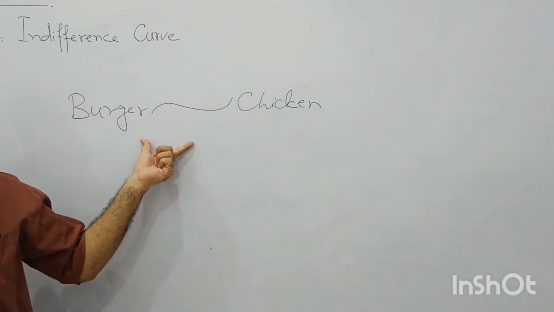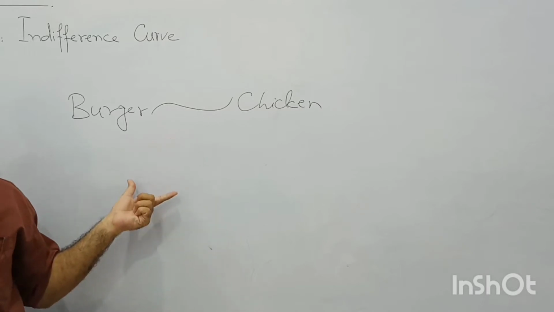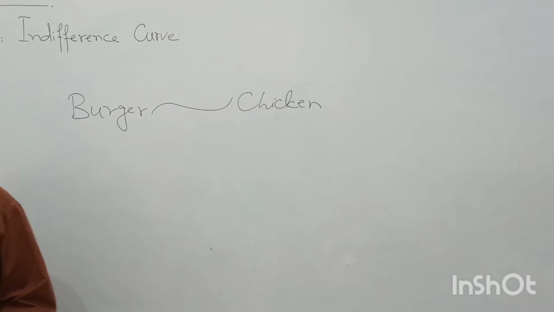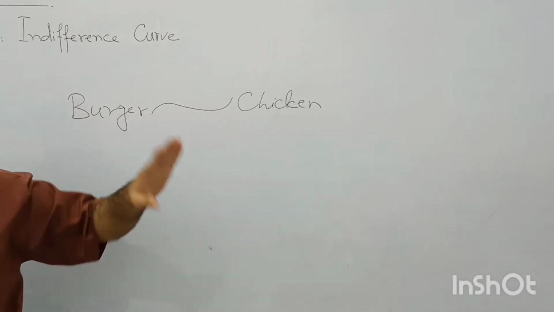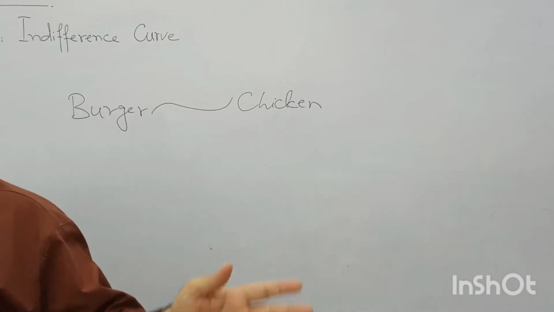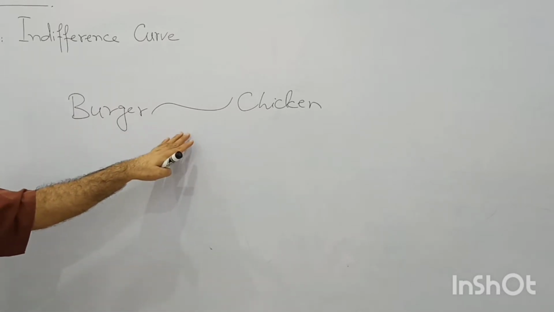Previously, I used the sign of inequality when burger was giving more satisfaction than chicken. So when the consumer is indifferent, we say both burger and chicken give the consumer an equal level of satisfaction and the consumer is just indifferent which one to buy. Both are equally preferred. This is the meaning of indifference.